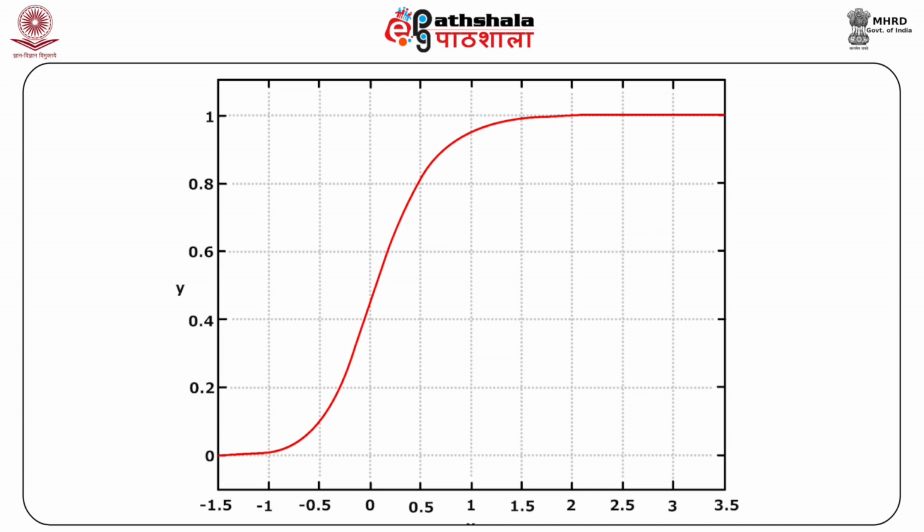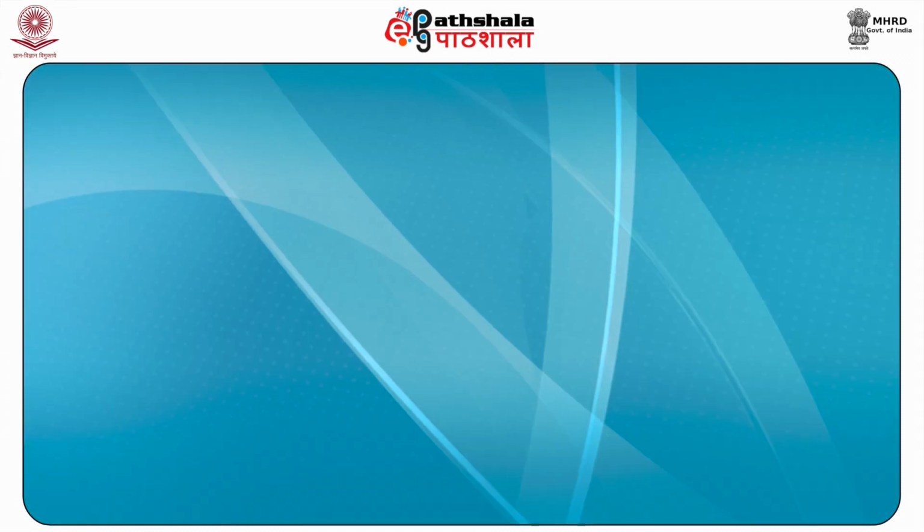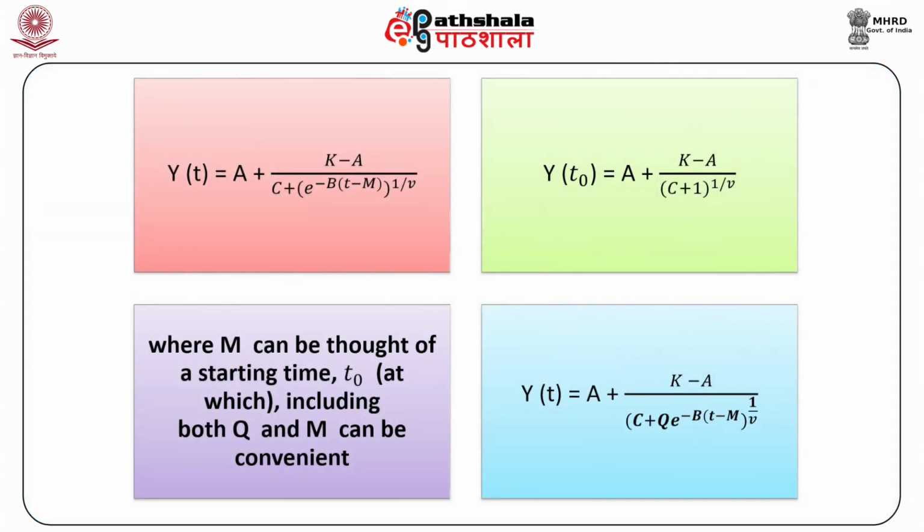So the generalized logistic function equation, as we have seen, could also be written as y(t) = a + (k - a) / (c + e^(-b(t - m)))^(1/nu).